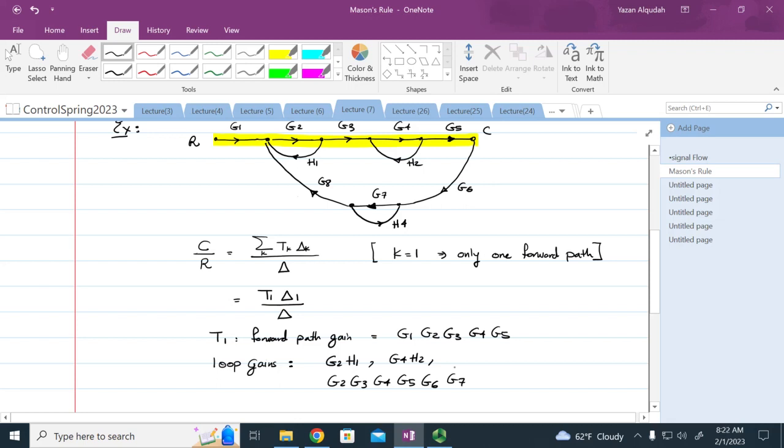G7, G8. Okay, I see. Oh, that's forward. And we have G7, G4. Okay. G7, H4.